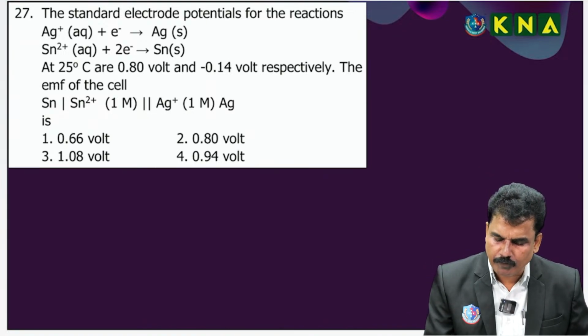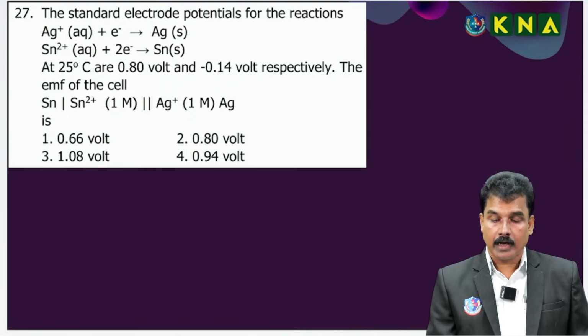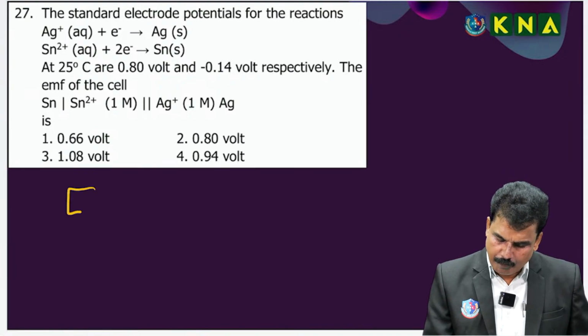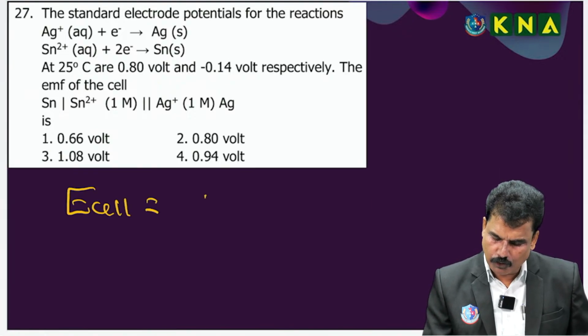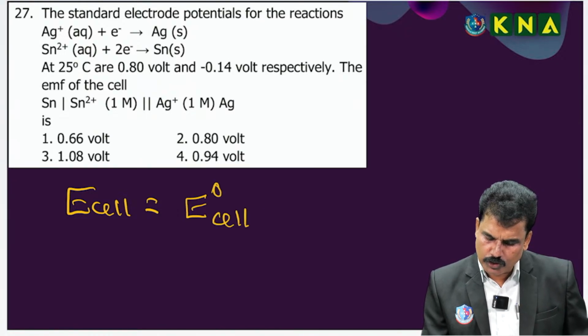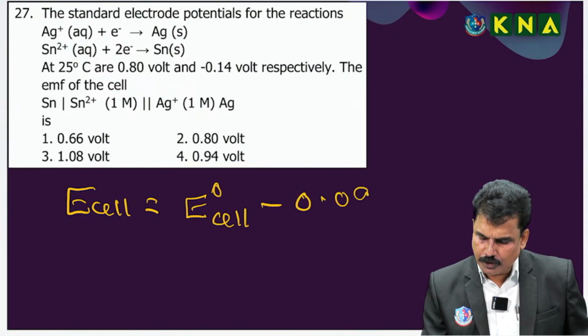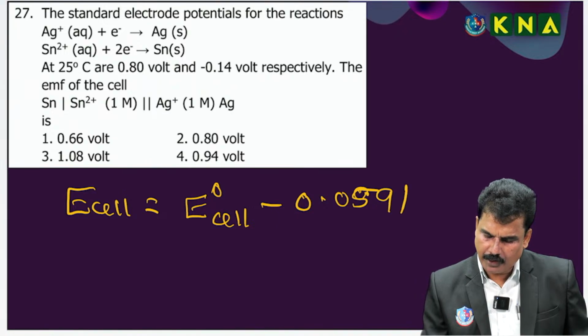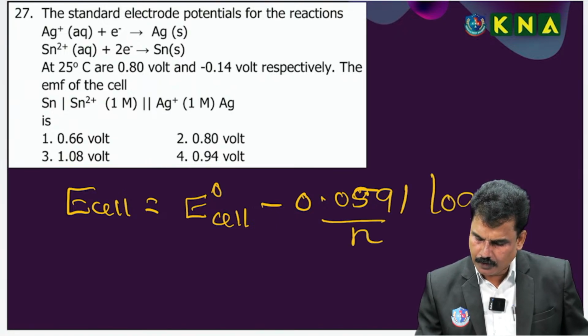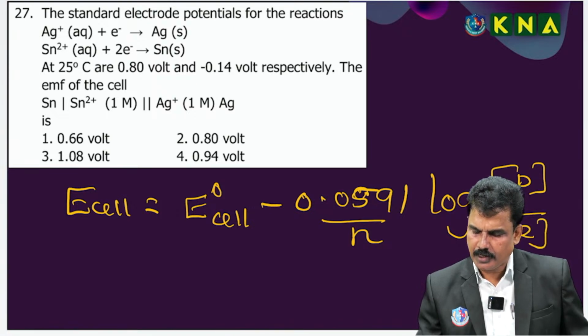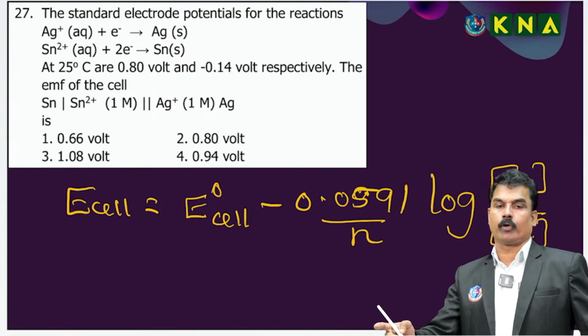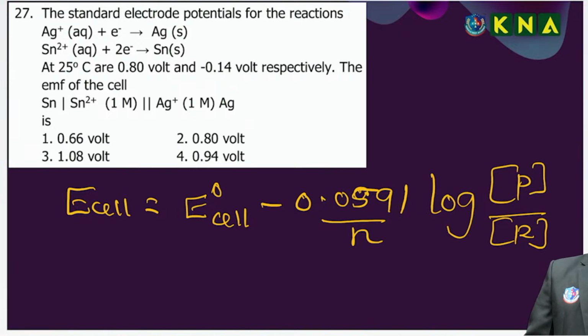EMF of the cell means we have to use which equation? Nernst equation. E cell is equal to E0 cell minus 0.0591 by n log concentration of product by concentration of reactant. If the number of moles is there, that number of moles you have to give as power of concentration.